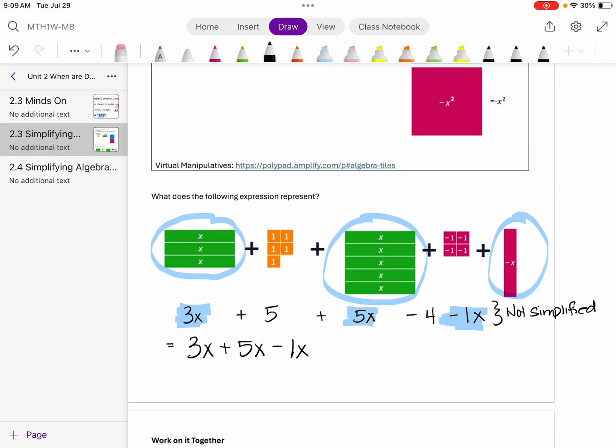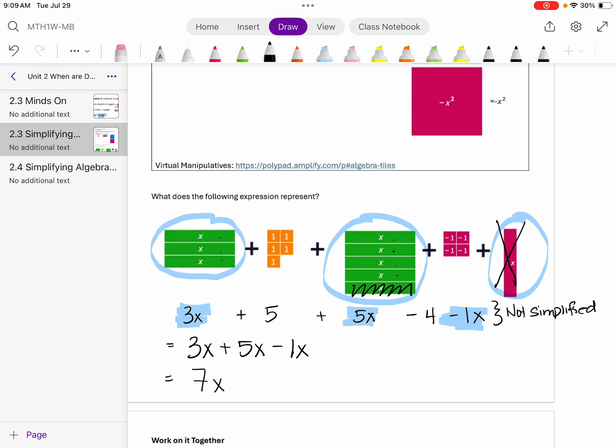So that means that if I look at this x tile, it cancels out with one of these tiles, because one was a positive and one was a negative. And if you put a positive and a negative together, it makes a 0 term. So now what do I have left of my x's? I've got 1, 2, 3, 4, 5, 6, 7x left.